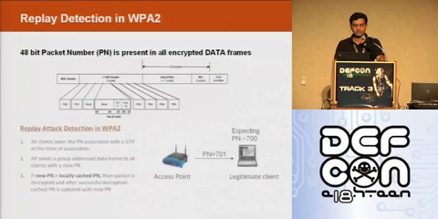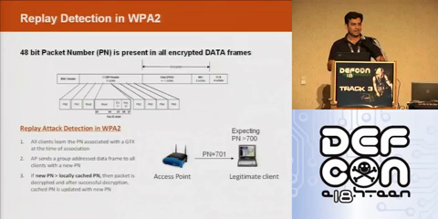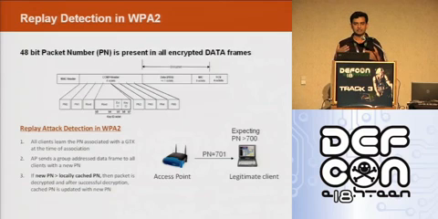And how does that replay detection work? When a client connects to the access point, the access point informs that client of the last consumed packet number, so you should use this number for replay detection. For example, the last consumed packet number was 700.